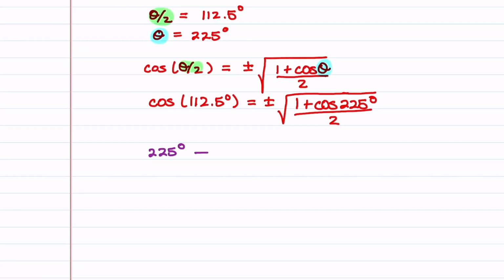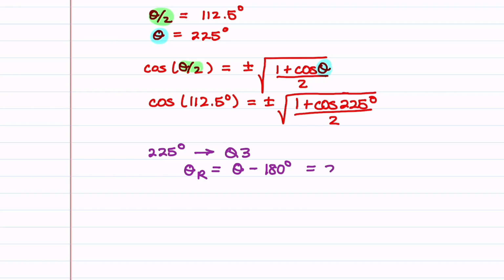225 degrees is located in quadrant 3. To find the cosine of 225 degrees, we need to look at the reference angle. Our reference angle, which we'll call theta sub r, is going to be equal to theta minus 180 degrees.